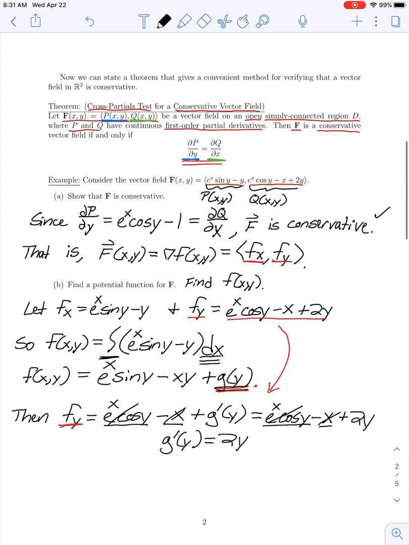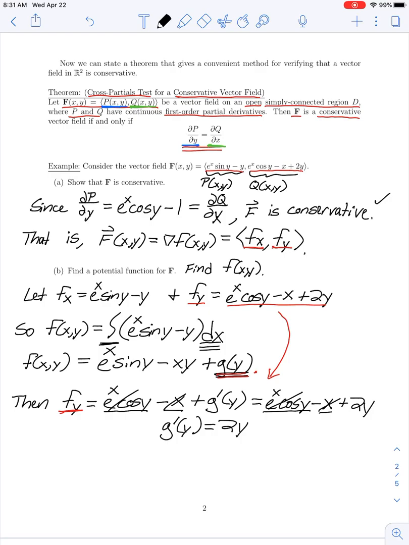So to get g of y, we would find the antiderivative of this function with respect to y. So the antiderivative of 2y with respect to y would be y squared plus some arbitrary constant c.